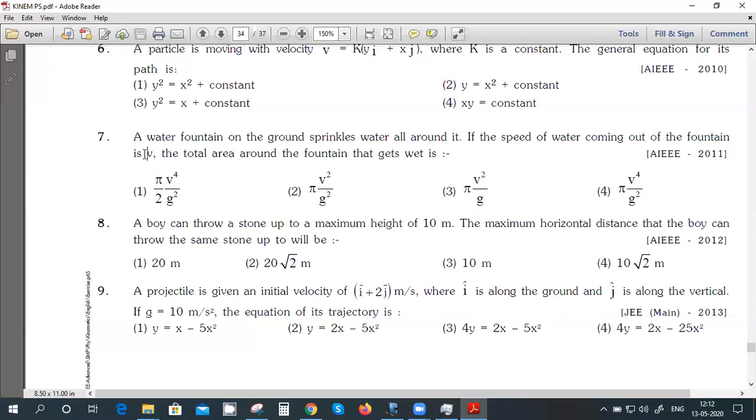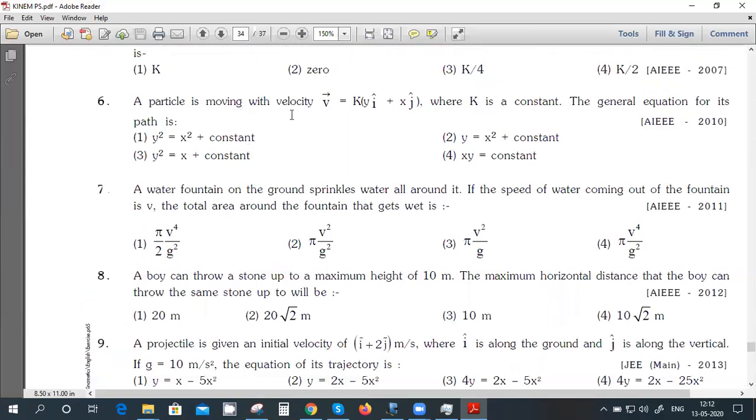Sir, range is equal to U square by G into sine 2 theta, no? But I think he's assuming maximum. Maximum range is when theta is 45. I think he's assuming theta. Actually, he should have mentioned it.